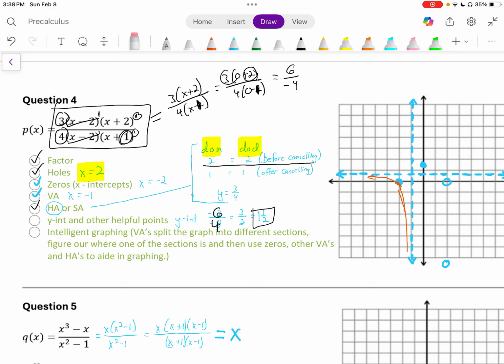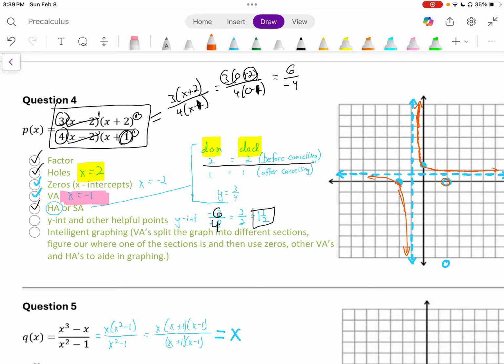And then we can use the idea that our vertical asymptote is multiplicity 1. And so these have to go in the opposite direction at that asymptote. So to the left went down, the right needs to go up. So that needs to go up, and then it comes down. It will hit our y-intercept. Now remember, this circle here doesn't mean anything for our sketch, like where the graph is.